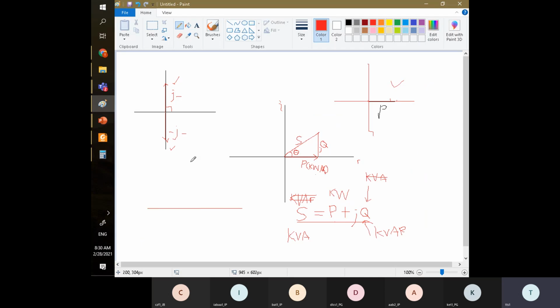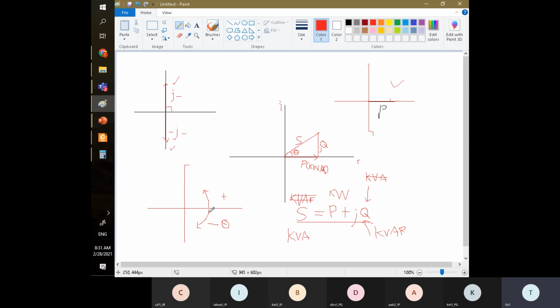Because if you look at a normal graph, we start from the x-axis. If the angle goes anti-clockwise, it's called a positive angle. If you start from here and go clockwise, this is called the negative angle. Just remember this one.